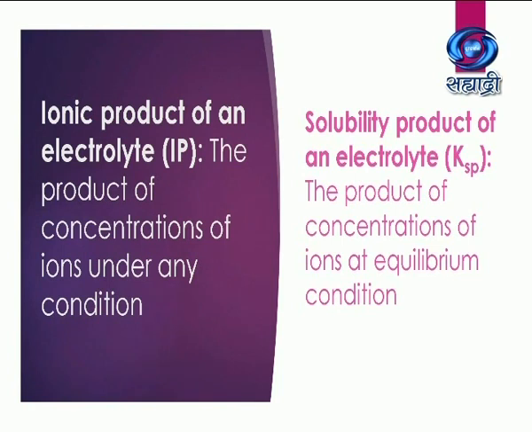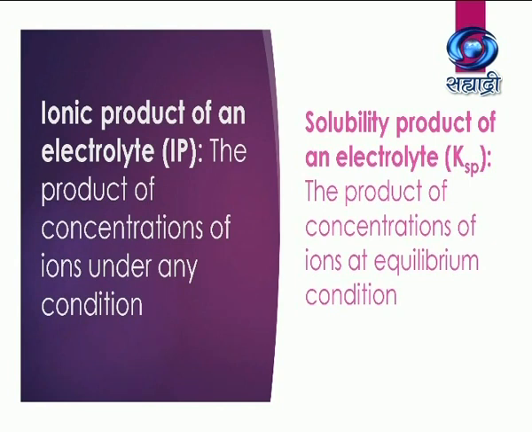That means when we carry out the experiment of qualitative analysis in the laboratory, in the test tube, we added OS, that is original solution of the given salt, and we are adding certain reagents. So in the test tube, what is the product of the concentrations of the various ions? This is called IP, or ionic product of the electrolyte.